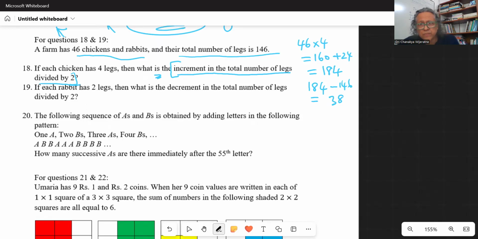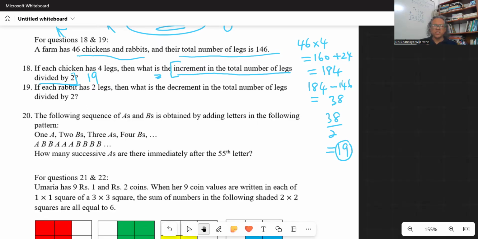Yes, right? And the increment in the total number of legs divided by 2. So 38 divided by 2 is 19. The answer is 19, because these extra legs came from chickens, since rabbits already have 4 legs.